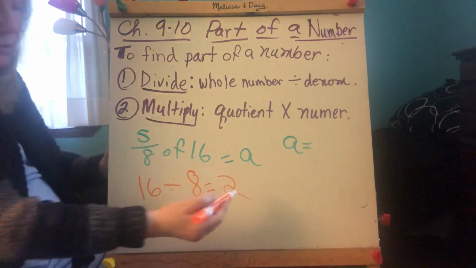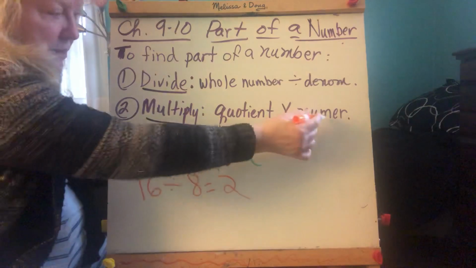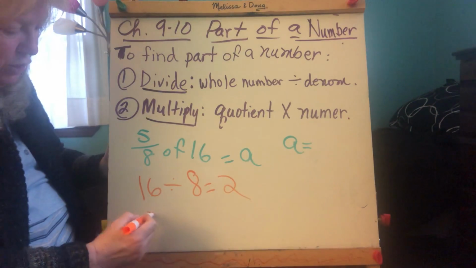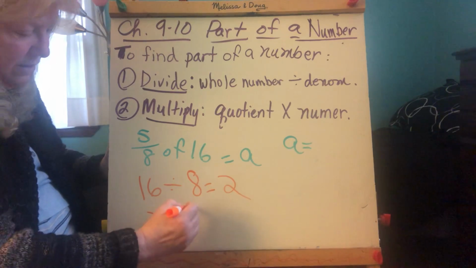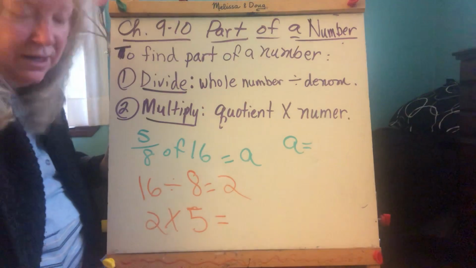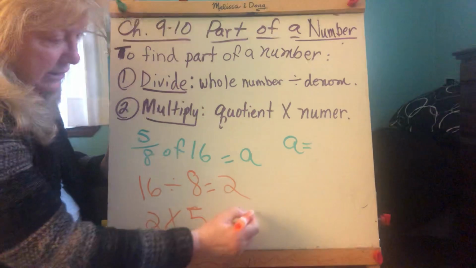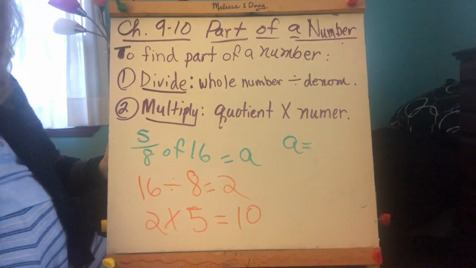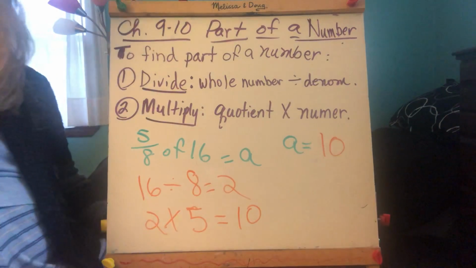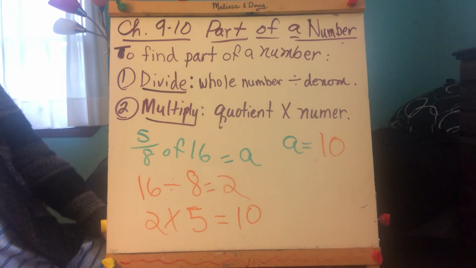Step 2, multiply my quotient times my numerator. 2 times 5 equals, can you still see that? Yes, equals 10. So what does A equal? 10. Okay, I think you should be able to do this now.